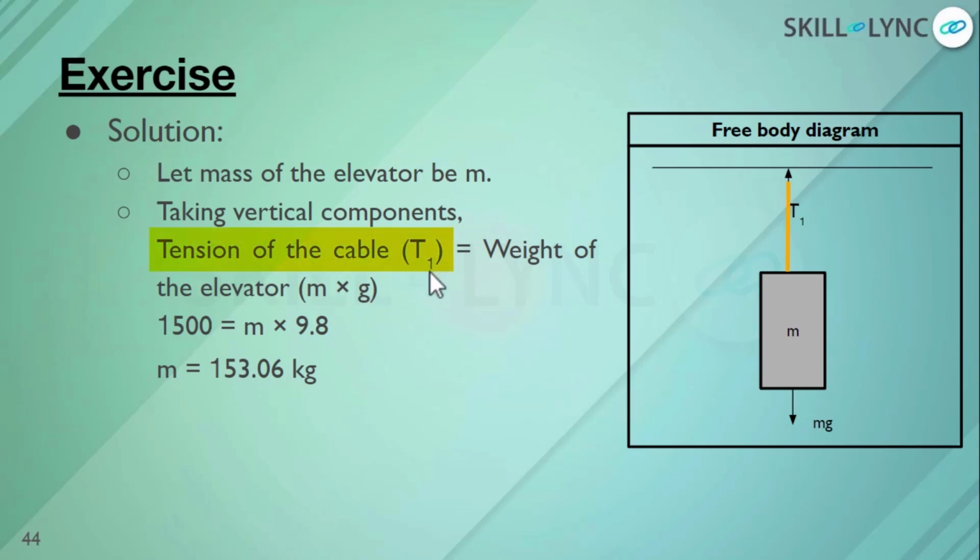T1 is the tension on string 1, there is only one string attached. m is the mass of the elevator and g is acceleration due to gravity. Putting values into this equation, we can write 1500 is equal to m into 9.8. Thus m, the mass of the elevator, is found to be 153.06 kgs.